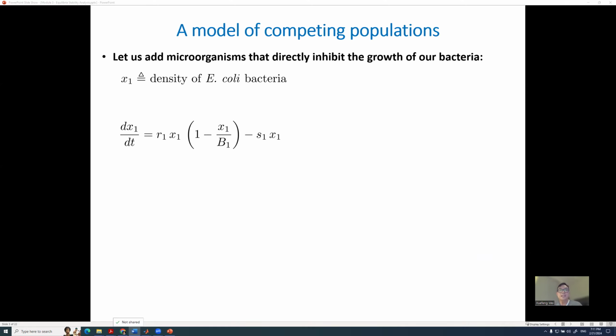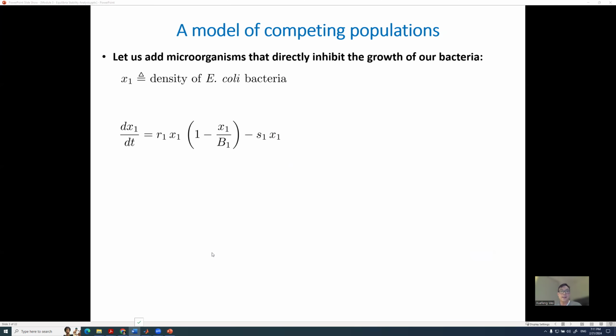The interesting aspect of this class of model is that growth models such as the bioreactor can be easily expanded to describe the competition between two or more types of populations.